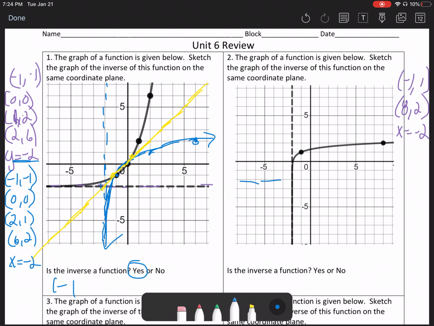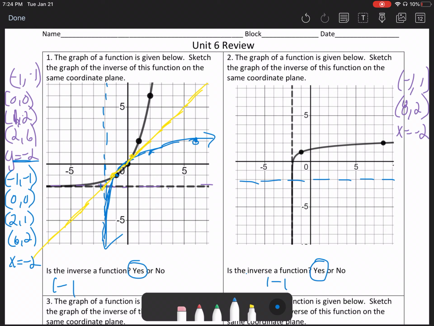For this one, I'm also going to start with the asymptote. Now, just before we continue, it asks whether this is the inverse of a function. Well, if I drew a whole bunch of vertical lines, they'd only intersect once. And if I drew a whole bunch of horizontal lines, they would only intersect once. So I already know that the inverse is going to be a function because my graph is one-to-one, passing both a vertical and horizontal line test.